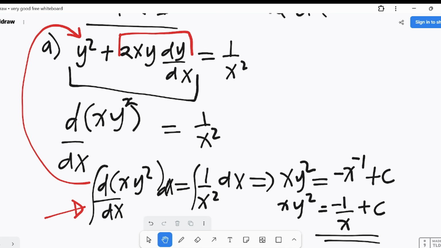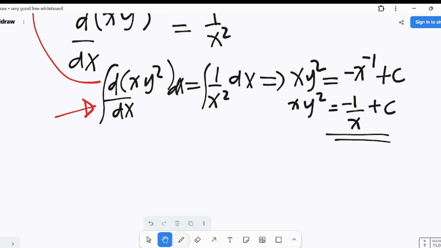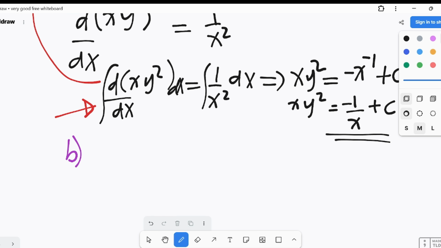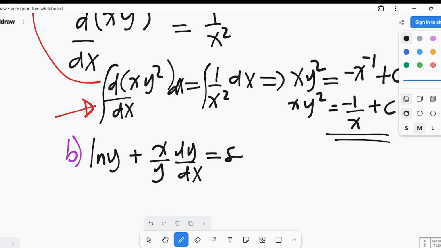So example 2, part B. I want to have something like, let us write ln y and then plus x out of y, and then we have dy by dx is equal to sec x tan x.